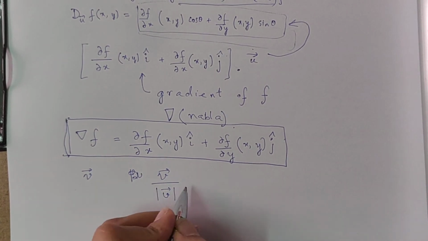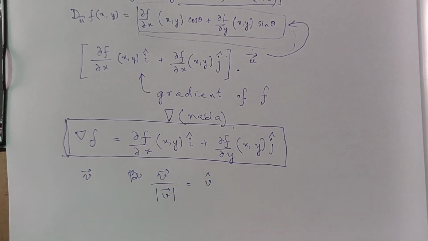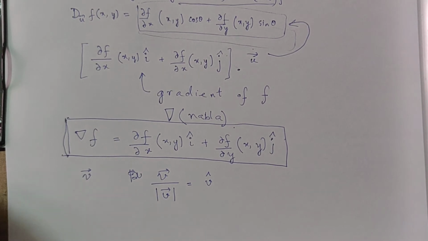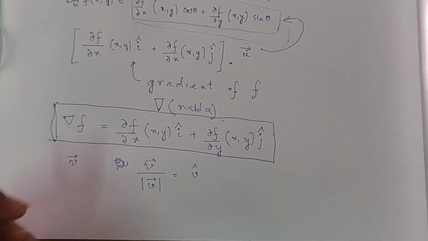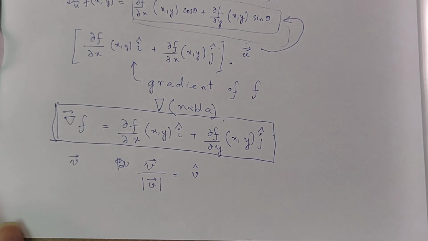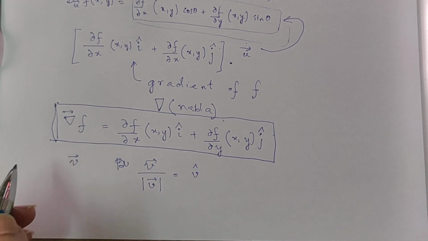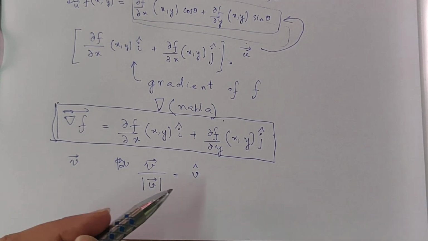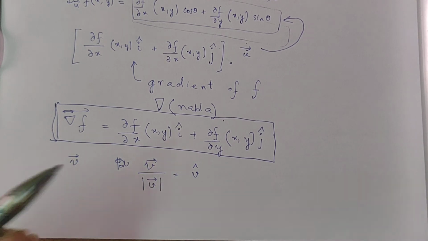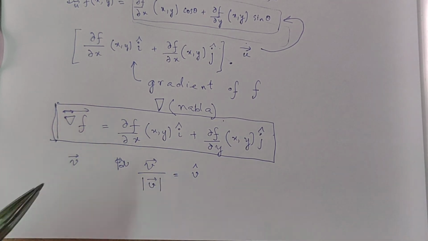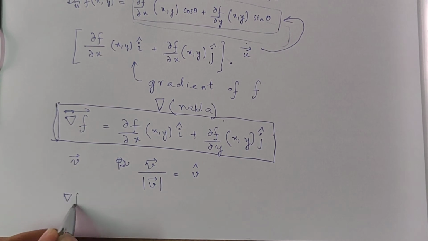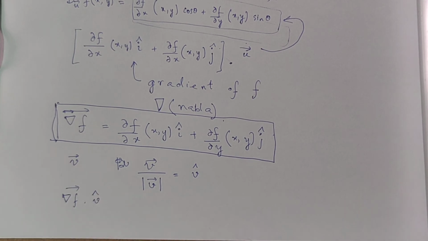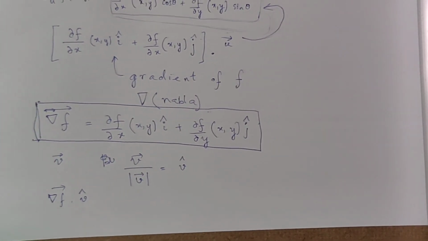This gives me the unit vector along v, which I denote by v cap. And then, to find the change of z along this direction, I will just have to dot product this with grad f. This will give me the change, right?